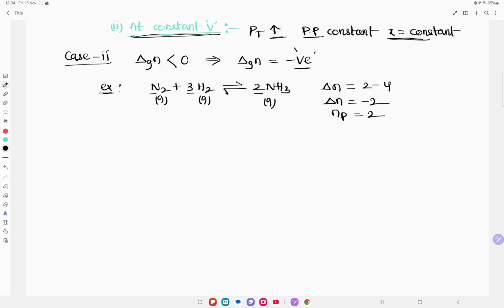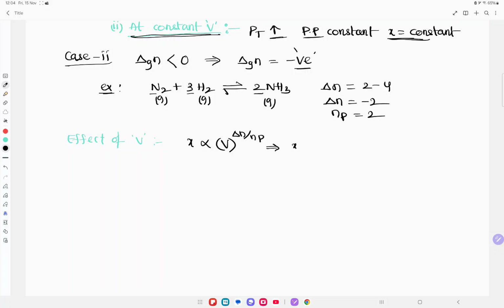Now for this type of reaction, see the effect of pressure and volume on the degree of dissociation alpha. First, the effect of volume. X, the number of moles of reactant molecules dissociated, is proportional to V power delta n by np.